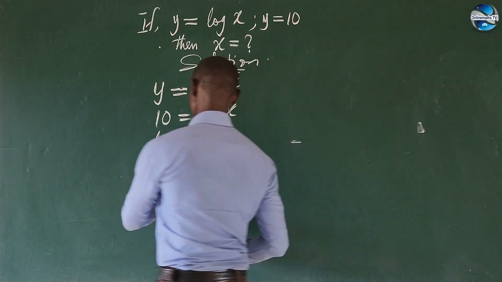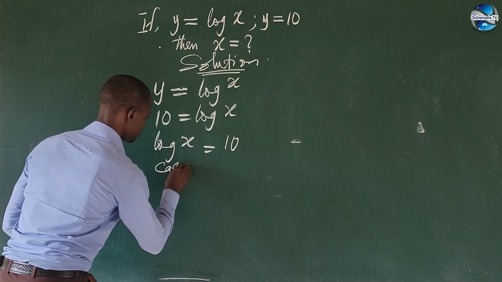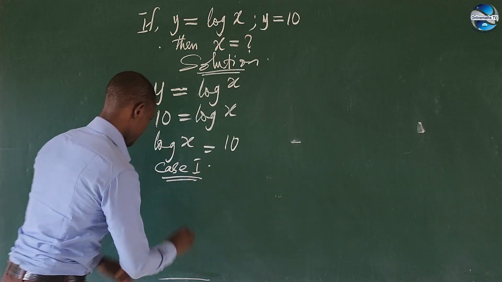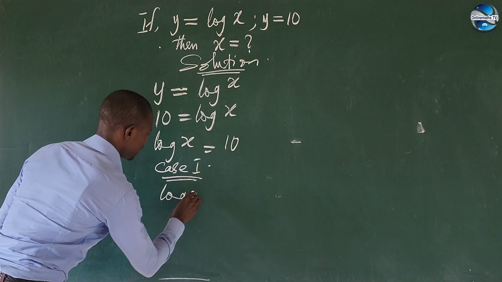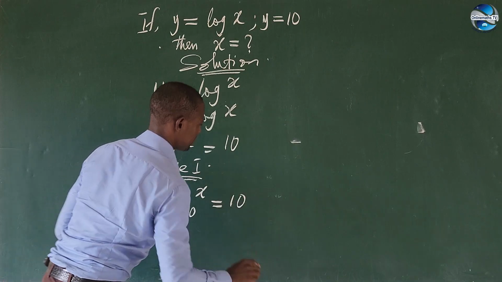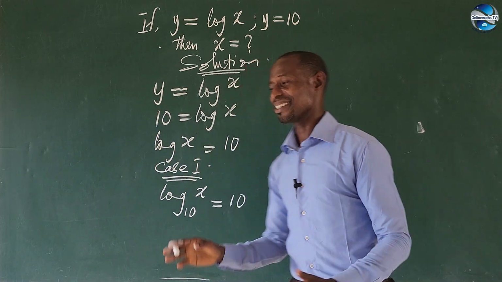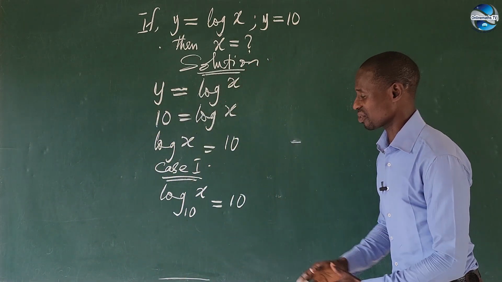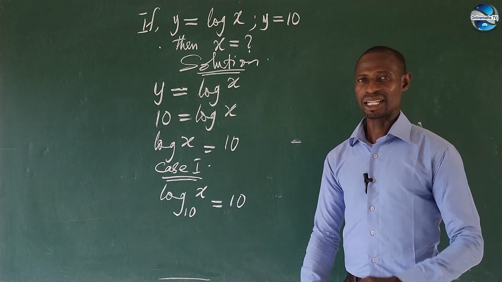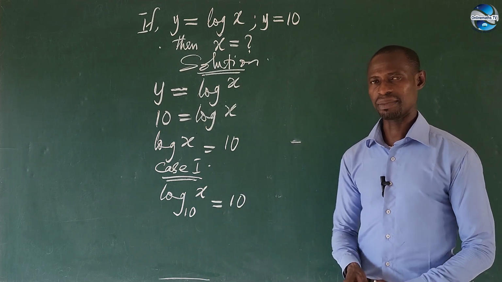From here, we're going to take our case 1, in which we are taking this to base 10. So we have log x to base 10 is equal to 10. This is pretty easy, right? All we need to do is convert from logarithm to indices. We all know that there's a strong relationship between logarithm and indices.